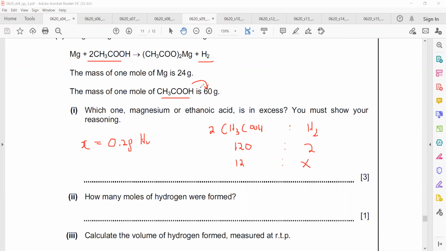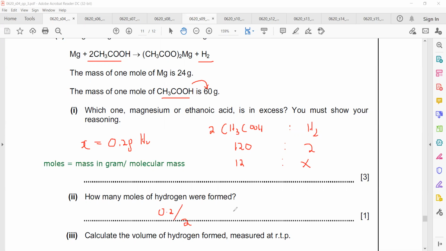That is 0.2 grams, the mass of hydrogen, but in the question they ask for moles of hydrogen. So how to get the moles from mass? The formula: moles equal mass in gram divided by molecular mass. Because it's a molecule, so molecular mass. The mass in gram for hydrogen is 0.2 and the molecular mass of hydrogen is 2.